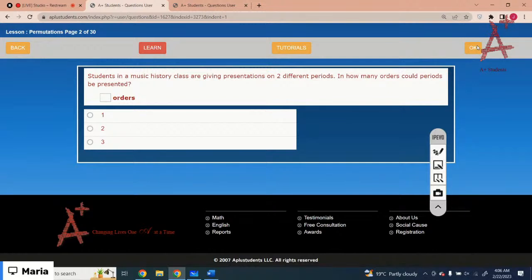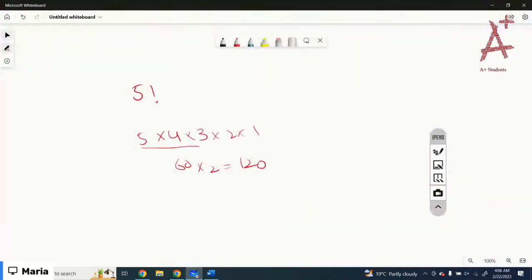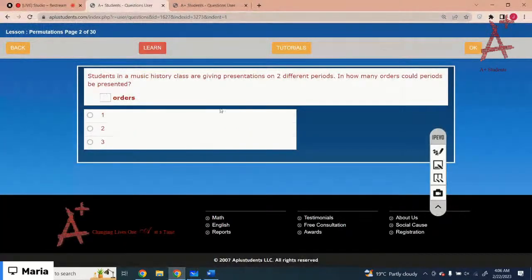In how many orders could the periods be presented? So you have two different periods. That means you have to calculate 2 factorial. Got it? 2 factorial means you have to do 2 times 1, and 2 times 1 is 2. Got it? That means the periods can be presented in two different ways. Got it?